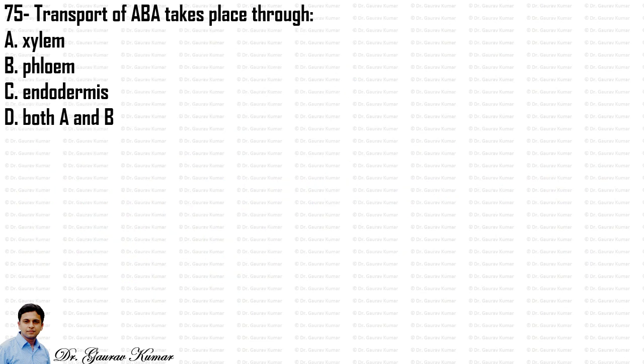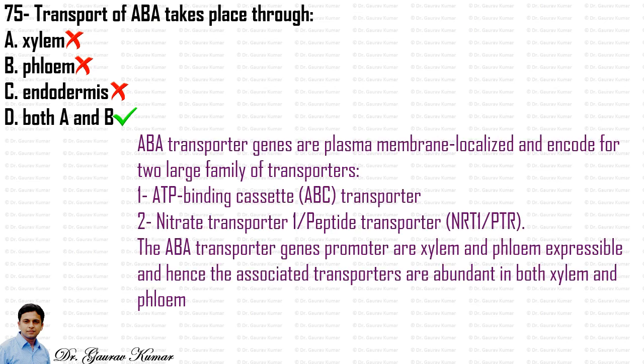Next, transport of ABA takes place through. We have read that transport of ABA occurs through both xylem and phloem. That is, both A and B are correct, because the ABA transporter genes are plasma membrane localized and encode two large families of transporters: the ATP binding cassette transporter, also known as ABC transporter, and the nitrate transporter 1, peptide transporter, that is NRT1 or PTR.